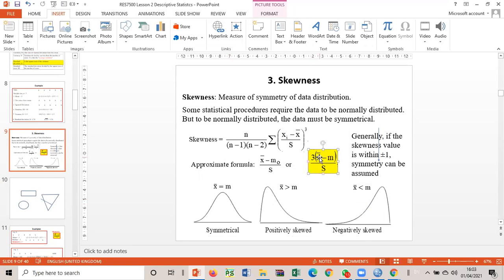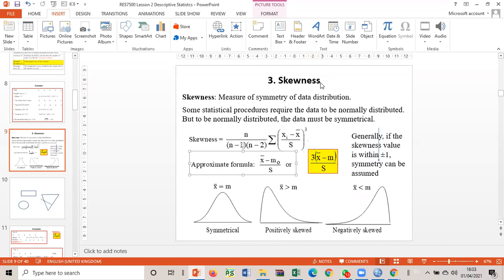What if X bar is very much bigger than M? Let's say X bar is 100, M is 20. Is it very positive? Yes. Right, we still don't know yet. We must look at the standard deviation. Let me give an example.